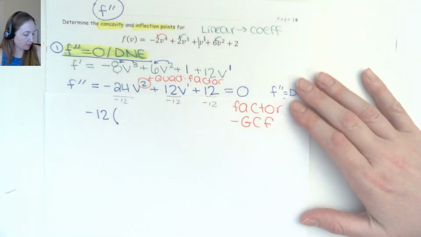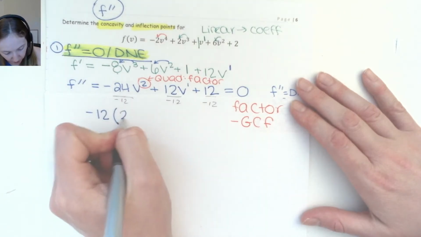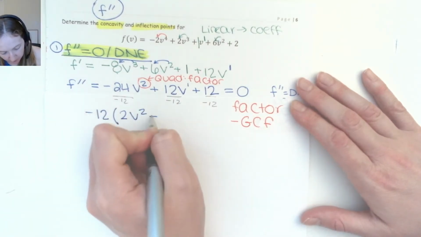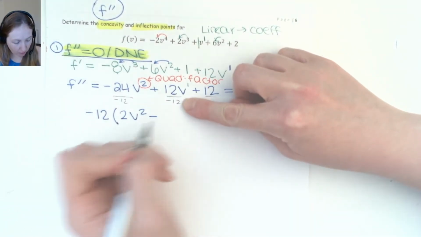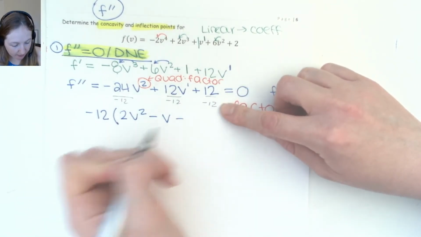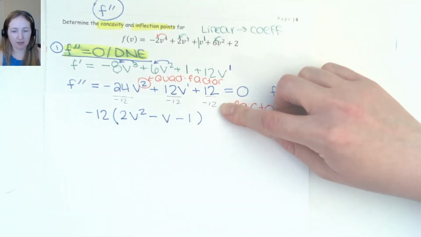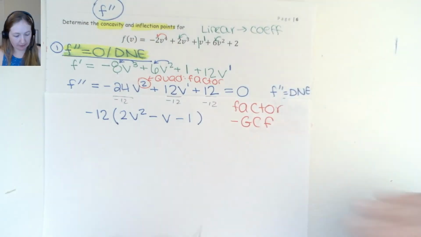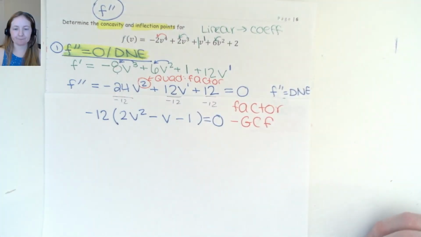So negative 24 over negative 12 gives us a 2v squared, and then 12 divided by negative 12 gives us negative 1. And then 12 divided by negative 12 gives us negative 1. All right, so we set that equal to 0.